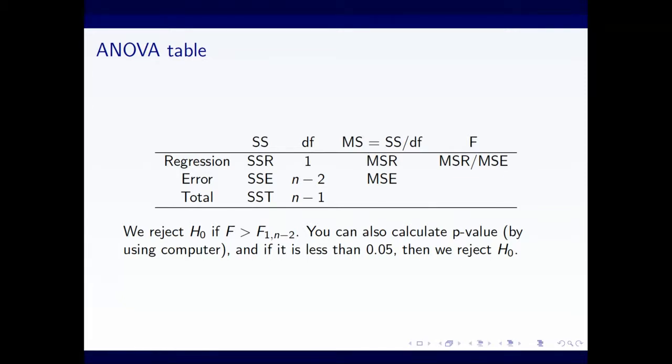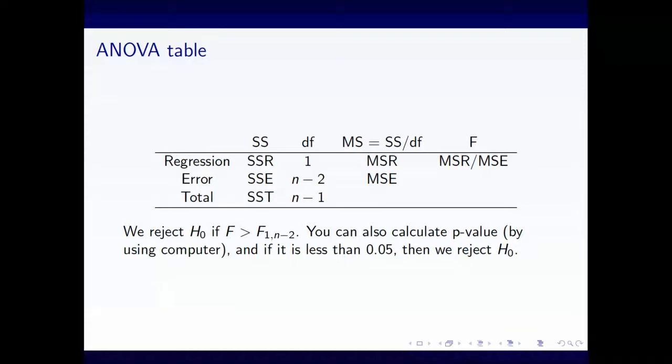Their degrees of freedom are 1, n minus 2, and n minus 1. And then we have the mean squares, the mean square of regression and the mean square of error. And then we can calculate the F statistic, which is MSR divided by MSE. This is called the analysis of variance table, or by using the abbreviation, the ANOVA table.